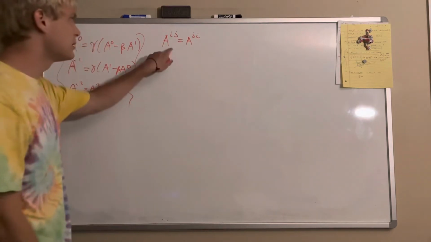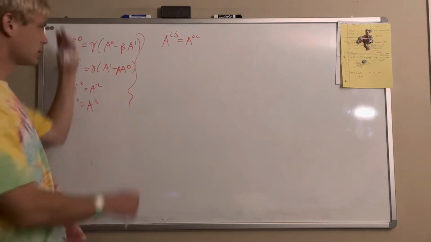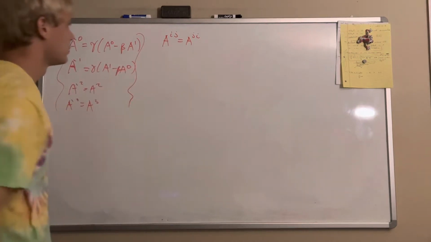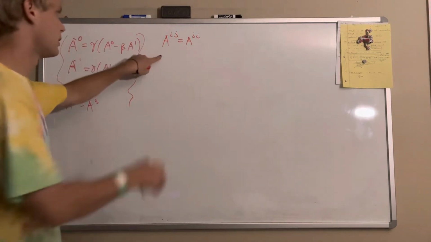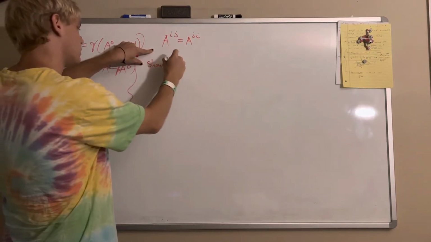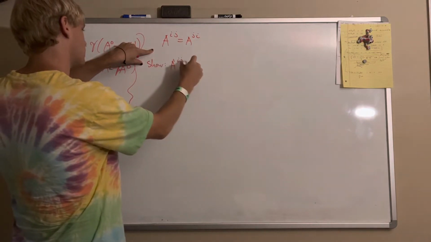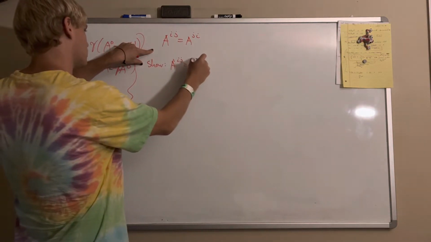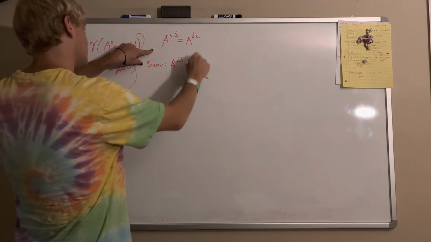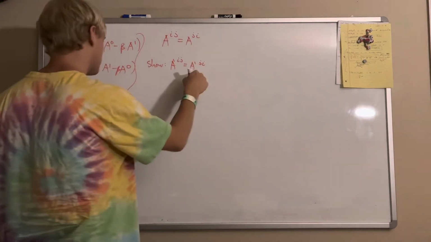We assume this is true in the original coordinates, without the primes, but we want to show this holds in the prime system, the tensor after a transformation, when the indices are swapped. We're going to show this holds.